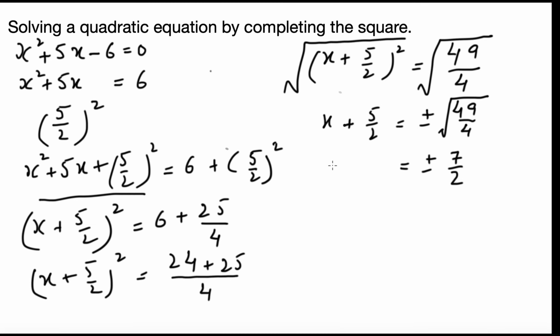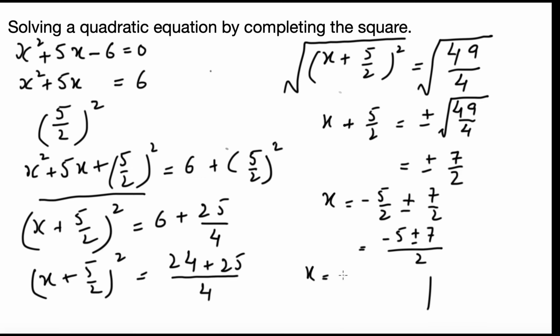Move constant to the right. Minus 5 plus 7 over 2, which is 2 over 2, 1. Minus 12 over 2, minus 6.